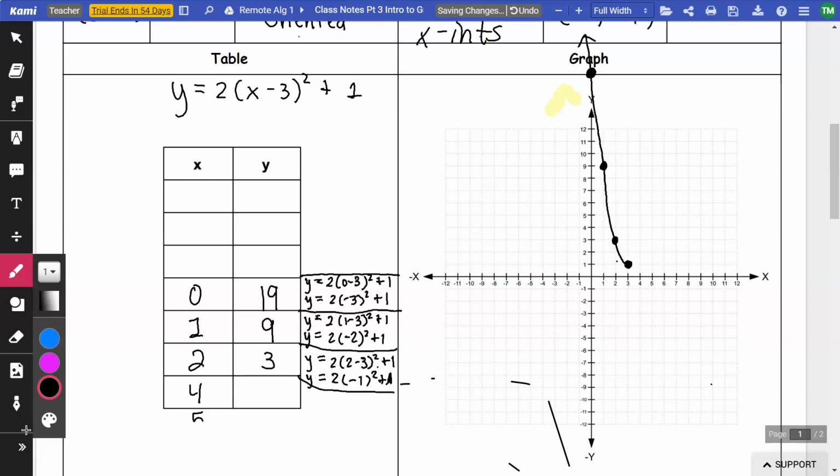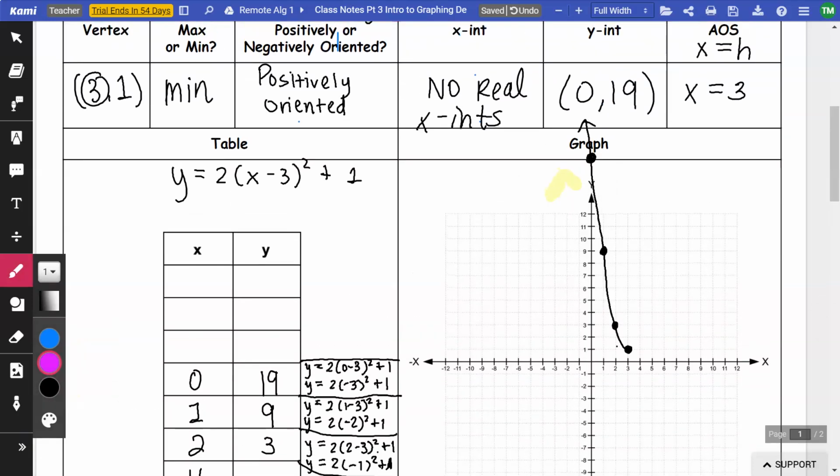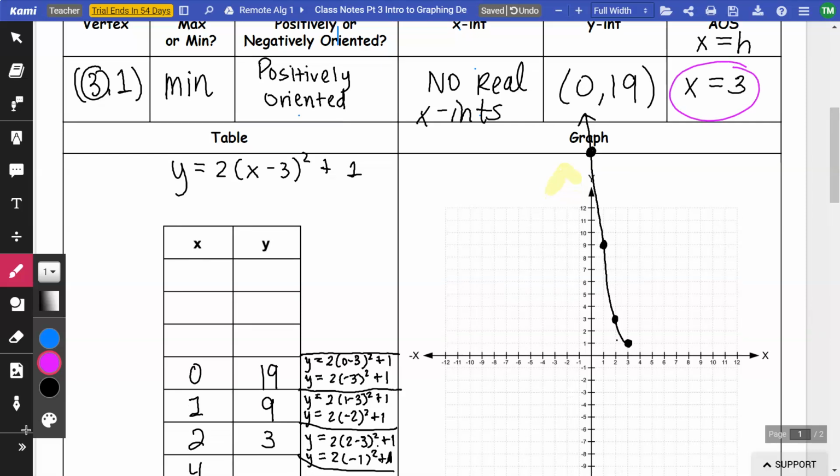And instead of actually having to plug the 4 and the 5 in, we can actually do something else. So my tablet's not doing a good job of recognizing that's my hand. Okay, so let's actually draw in our axis of symmetry. So we figured out up here that our axis of symmetry is x equals 3. So at the x value of 3, we're just going to draw that vertical line.